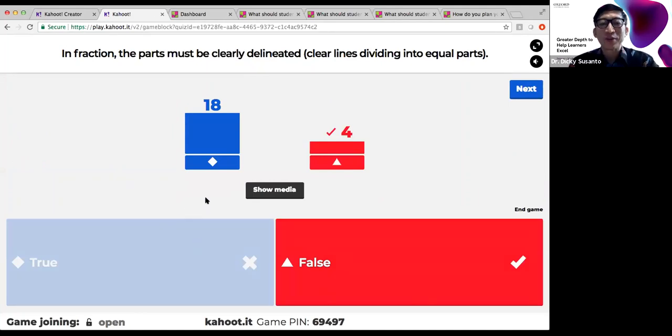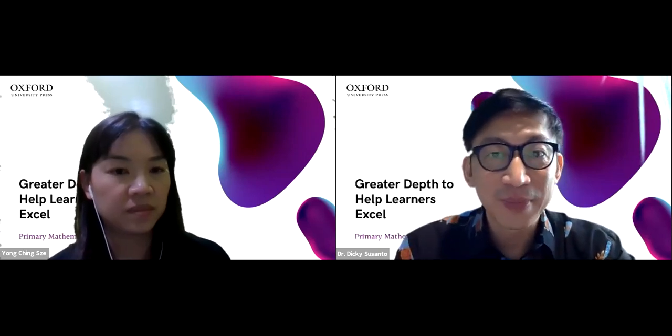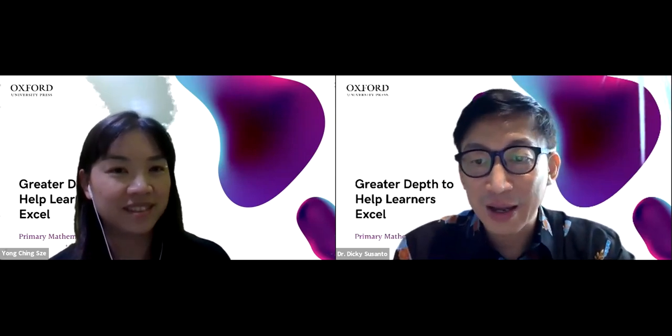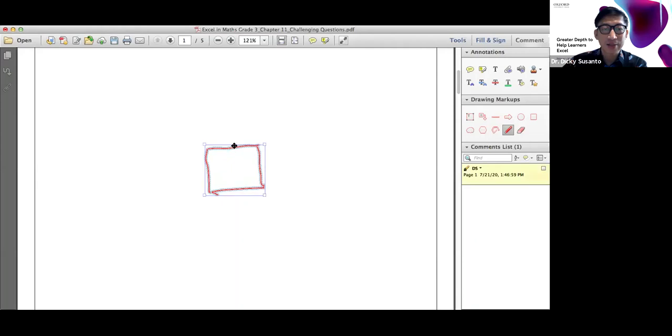Which is actually incorrect, only 4. To show you why, let me show you what it means, okay? So let's say I have this square, pardon my drawing, trying to draw online is not as easy.